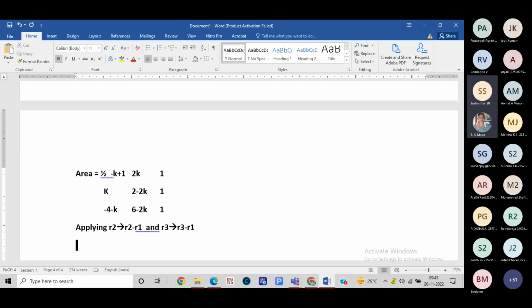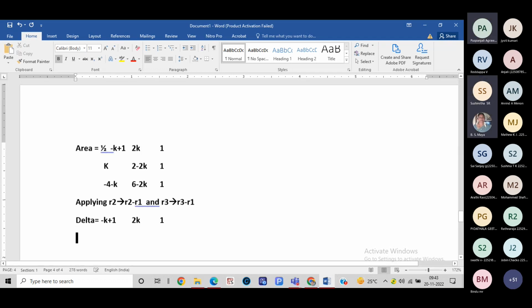According to that, what is the value you are getting? This is minus k plus 1 as it is, the first row I am not applying.